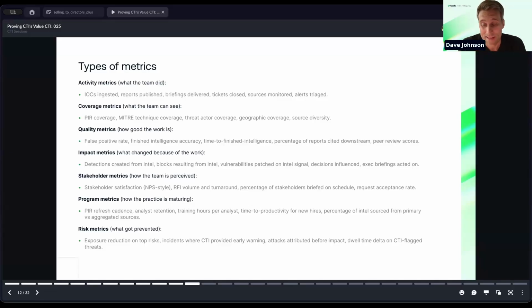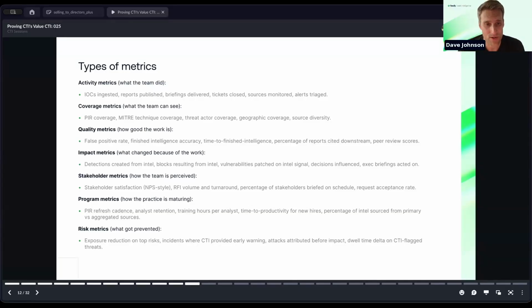At the other end of things, activity metrics, IOCs ingested, reports published, are actually still important. I kind of told you not to use those at first, but if you're just starting out and trying to figure out your operational cadence and how much work people are able to handle, those are still valuable.